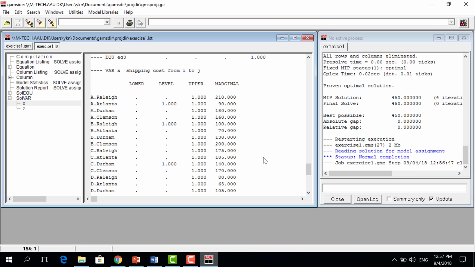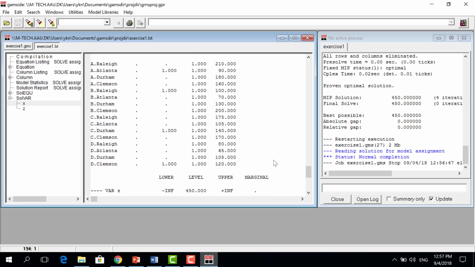A delivers to Atlanta, B to Raleigh, C to Durham, and D to Clemson. This is the assignment, from which source to which destination it should go, and it is exactly one-to-one matching: A to Atlanta, B to Raleigh, C to Durham, D to Clemson.